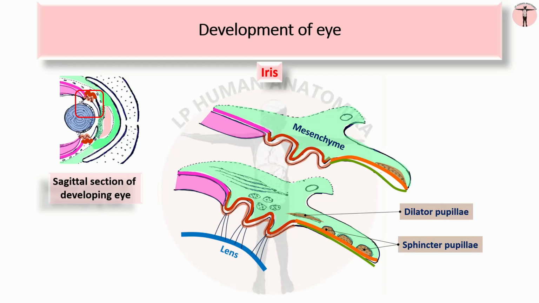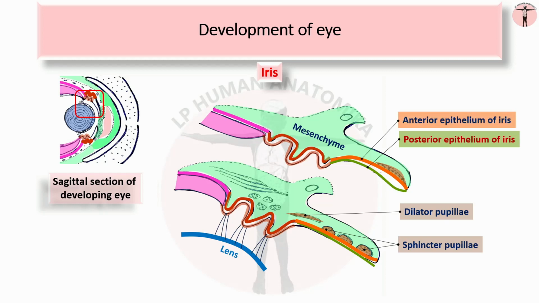The layers of the iris in the adult from posterior to anterior are the pigment containing posterior epithelium of iris, the unpigmented anterior epithelium of iris, and a layer of richly vascularized connective tissue containing the sphincter and dilator pupillary muscles.